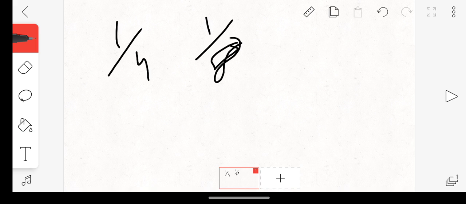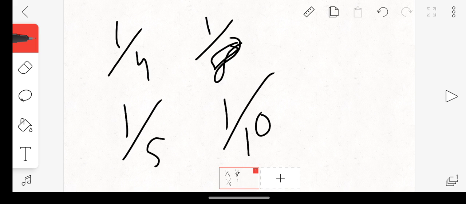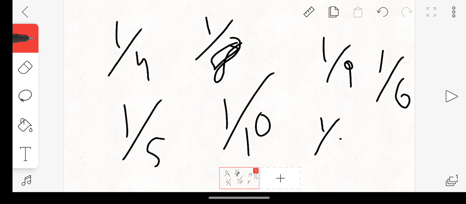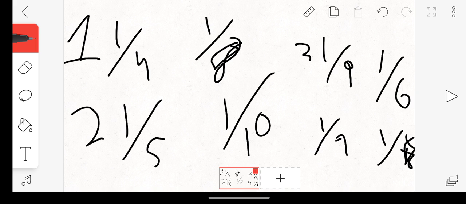You're gonna tell me which one is bigger. 1/5 and 1/10. 1/9 and 1/6. Then 1/7 and 1/8. So now you're gonna tell me which one is bigger on each one. This is number 1, number 2, number 3, number 4.